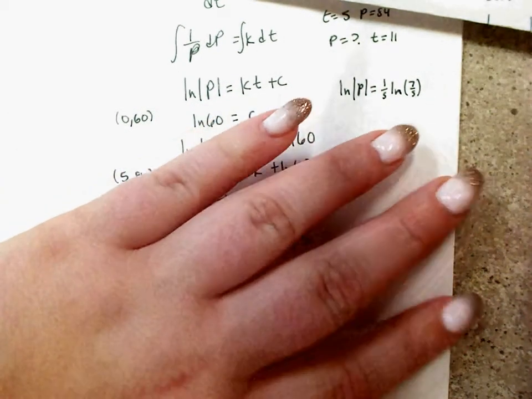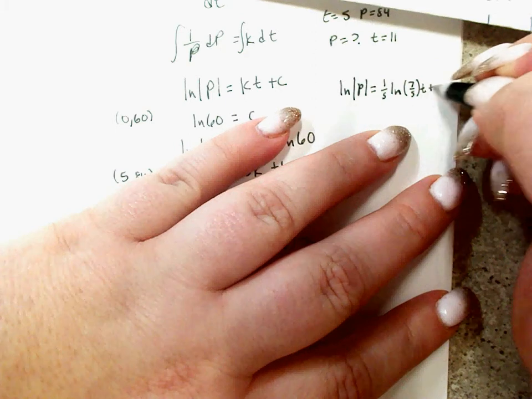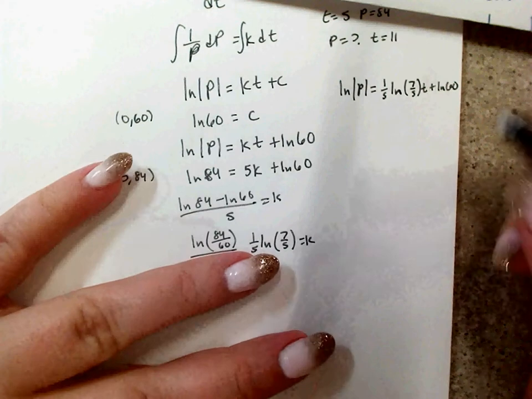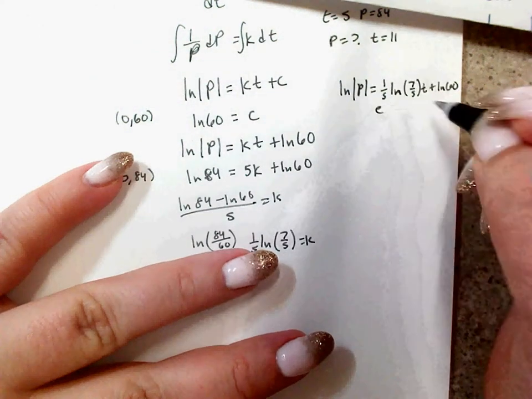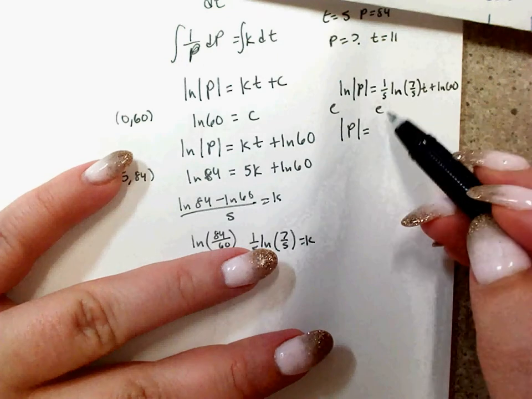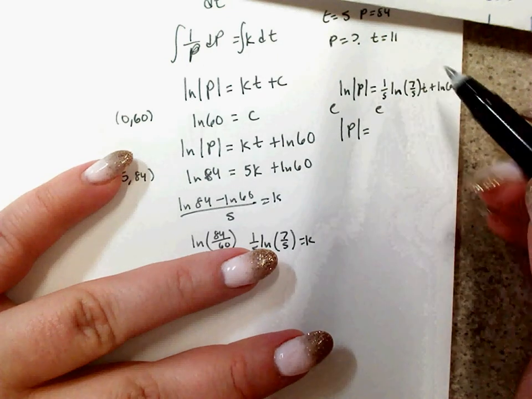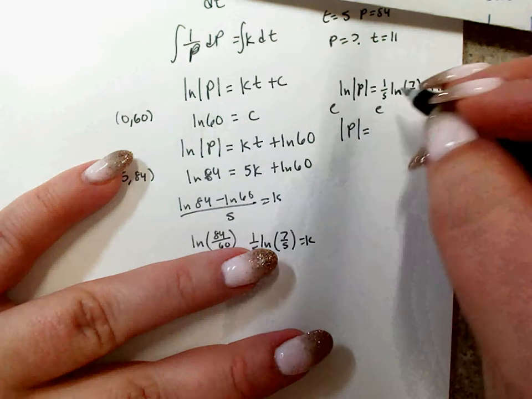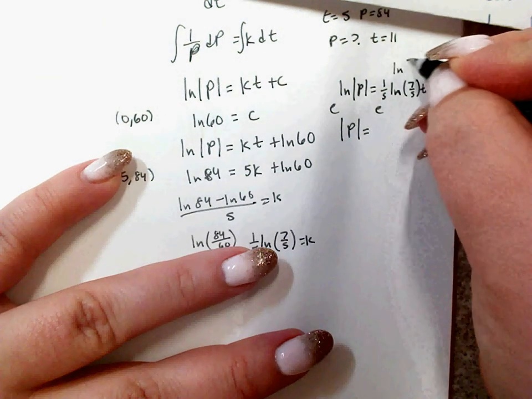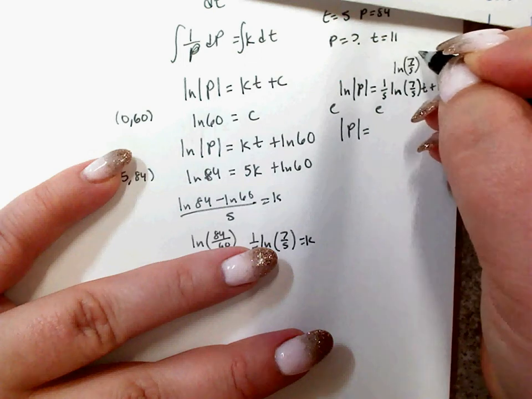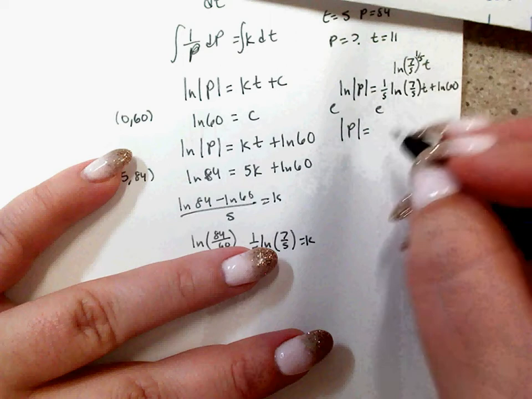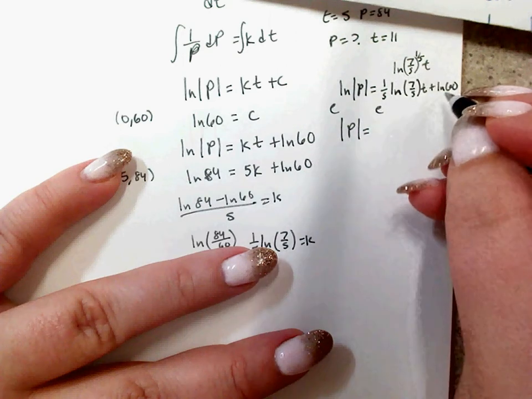And then I want to solve for p. So we would raise both sides to the power of e. Absolute value of p equals 30 this, 1/5, if I bring it back as a power, then I can simplify that out. So that's natural log of 7/5 to the 1/5 power, if you will, times t. So e and natural log cancel each other out, and then it's times this, e to this times e to that.